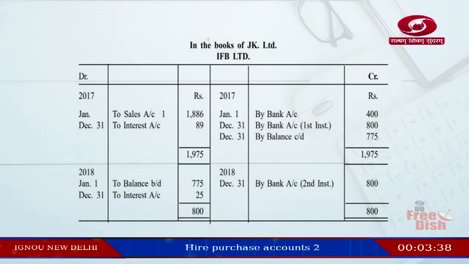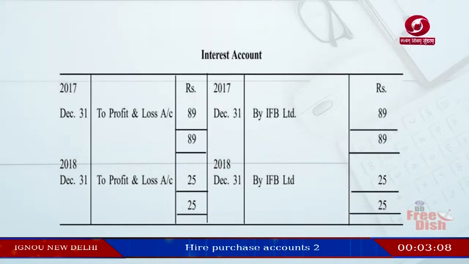Now this is the bank balance, balance c/d at the end of the first year, 775. This is the total of IFB Limited credit figure, 800. Interest account in the first year was 89. For us, interest is the income.